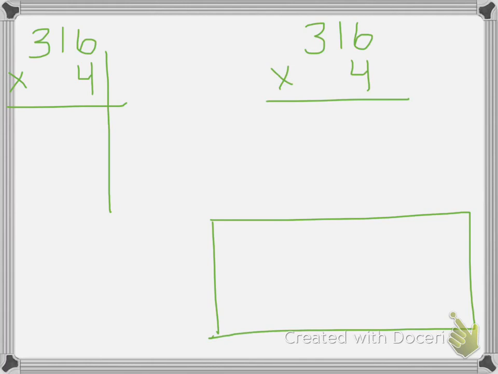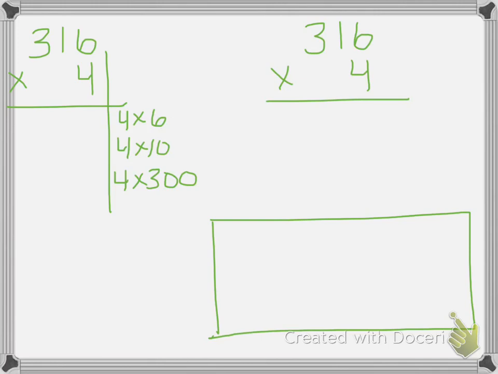So if I had my 316 times 4, I have my 4 times 6, my 4 times 10, and my 4 times my 300. These partial products are going to be really important when we translate this into an area model.